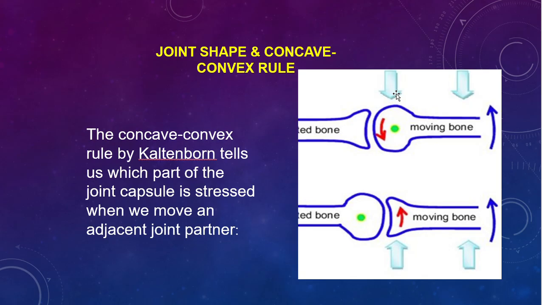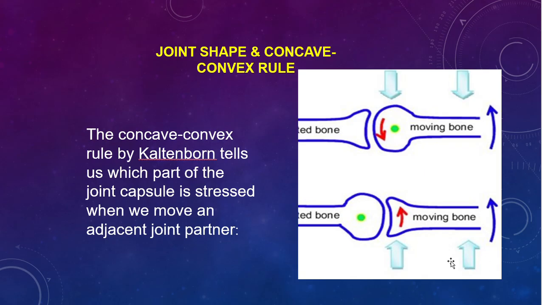So Kaltenborn came up with a rule to say that when a convex bone is moved on a concave bone, the gliding, that's what the therapist is doing, and the movement gain will be in opposite directions. The gliding is downward, the movement gain is upward. But look at the situation below, where the convex bone is not moving and the concave bone is the one moving.